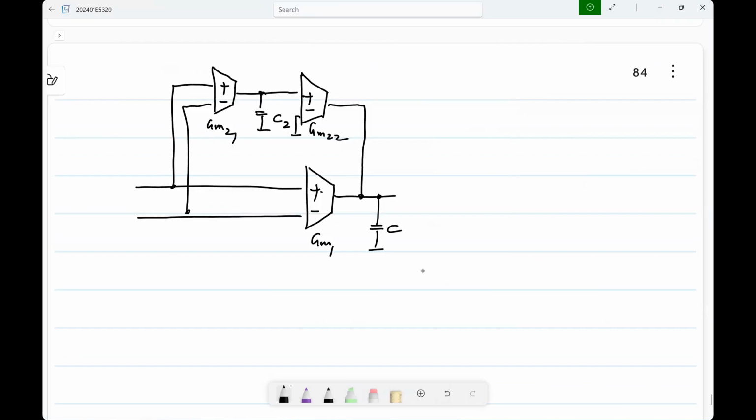So what will be the transfer function of the op amp itself? This will be relevant as the loop gain if we have a unity feedback loop. Ignoring the output resistances, what will be the transfer function of the op amp? GM1 by SC. What about the rest of the stuff?